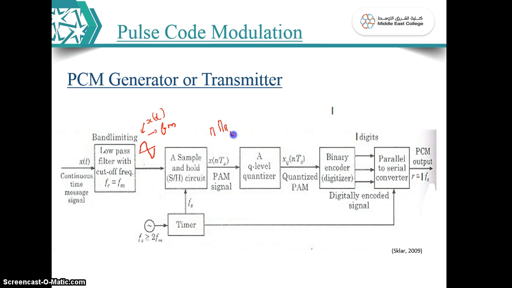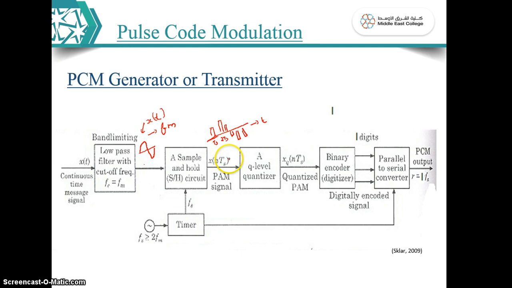It was a sinusoidal shape, so we are getting something like this. This was the time axis. Each one I am sampling at Ts interval: the first at Ts, the second sample at 2Ts, the third at 3Ts, 4Ts, 5Ts, 6Ts, like that.